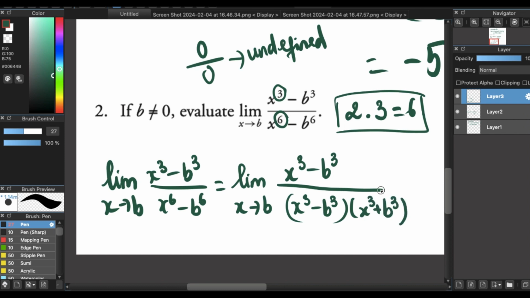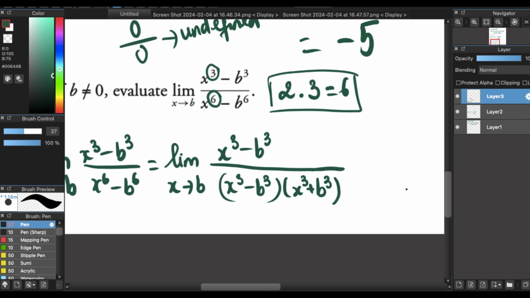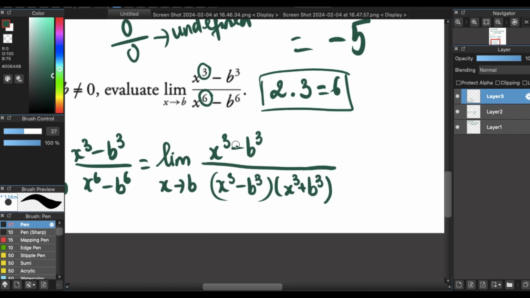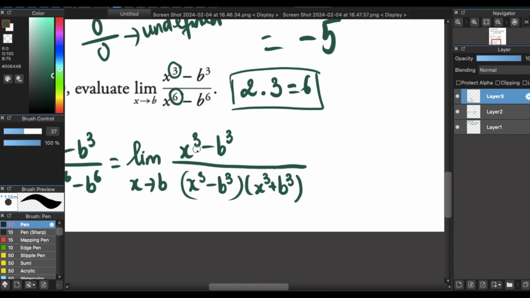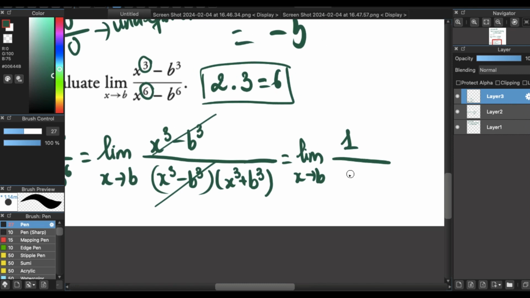Makes sense, right? Yes. Okay, and you can see that the function will turn into a defined equation.